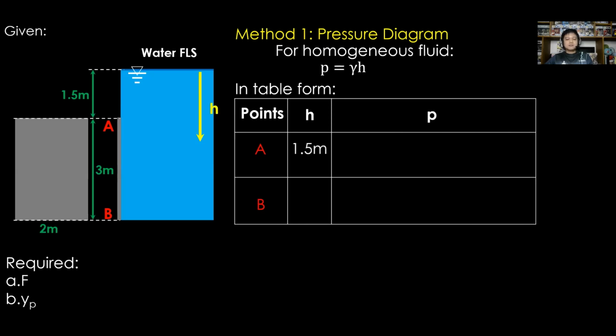At A, H is 1.5 meter, while at B, that is 4.5 meters. Again, this is the total value of H from free liquid surface.